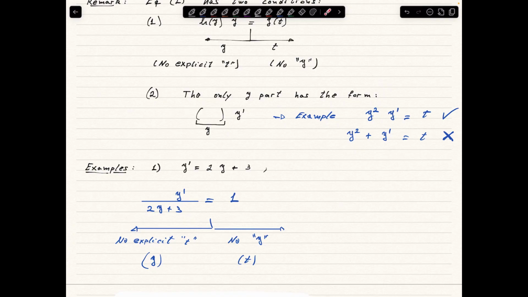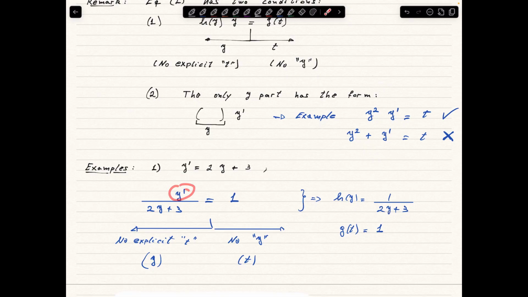In this case, it doesn't depend on time, but the important thing is it doesn't depend on y on the right side. So now this equation is separable, and the function h of y is 1 over 2y plus 3. And the function g of t doesn't depend on t, it's just 1, which is perfectly fine.